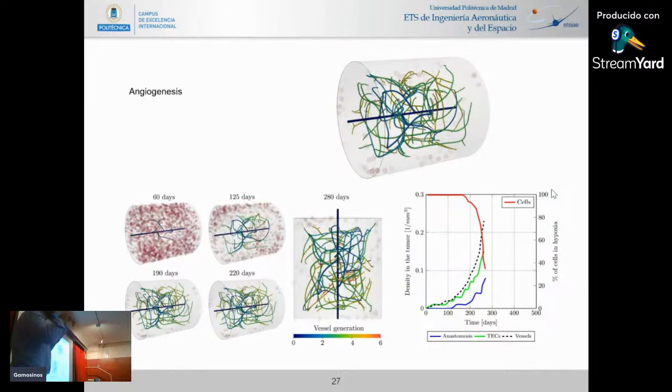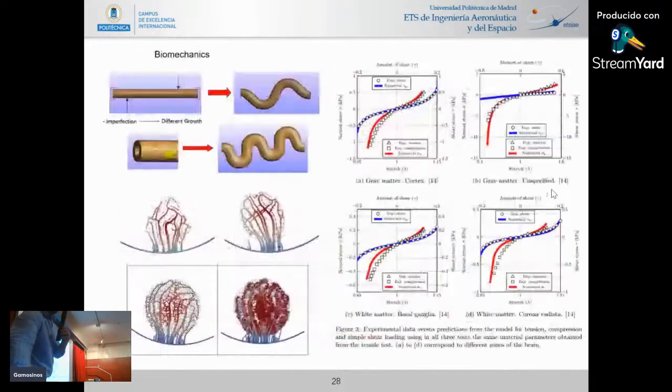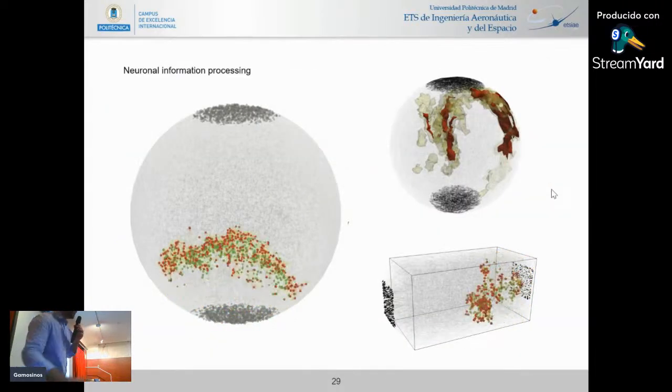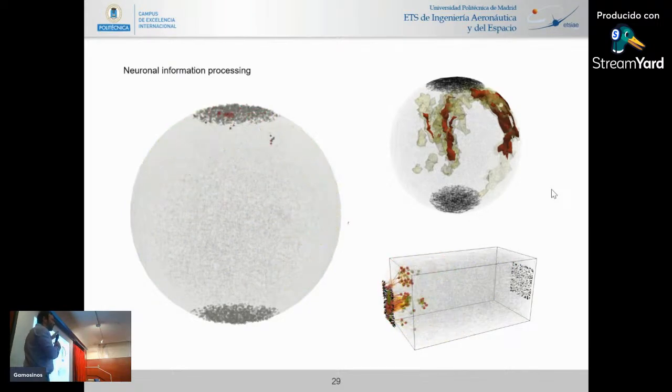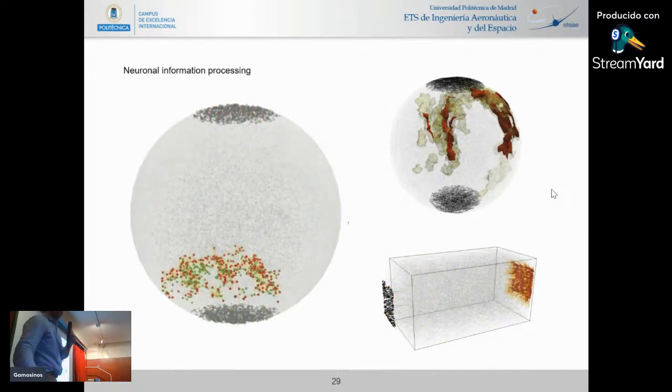And also when you have the metastases, where the cancer cells migrate to different places, this plays a very important role. And we are also researching on biomechanics, because at the end it's a mechanical thing that can be stretched, that can deform, and it changes the way everything behaves. And this is what I told you of the brain. This is ongoing work, but just pretty pictures.